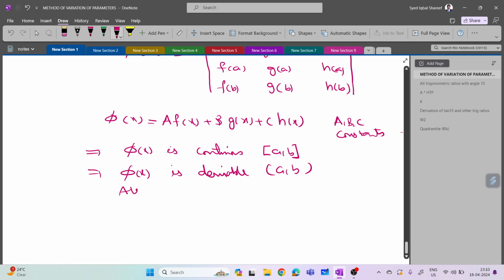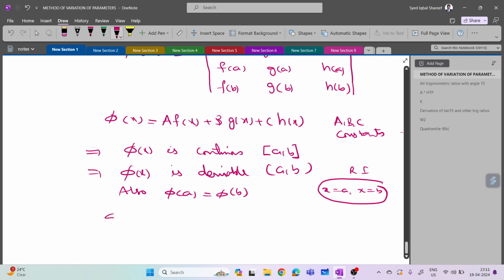And also phi of a equals phi of b, because two rows become identical when we take x equal to a and x equal to b. So phi of x is continuous, derivable, and phi of a equals phi of b.